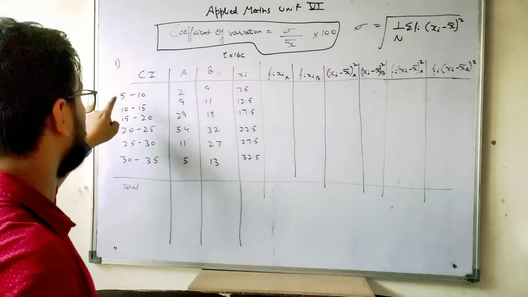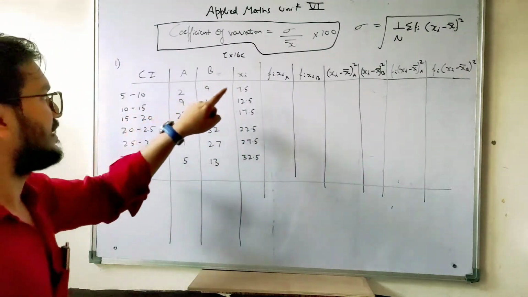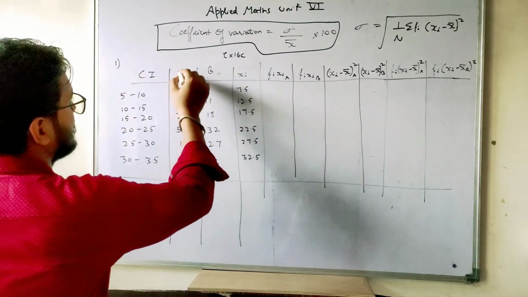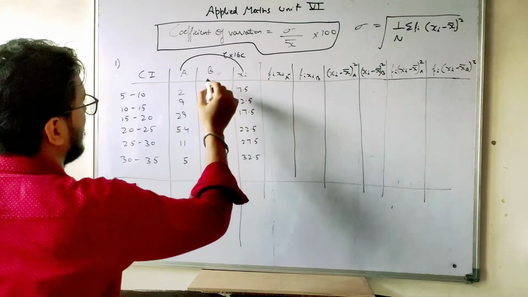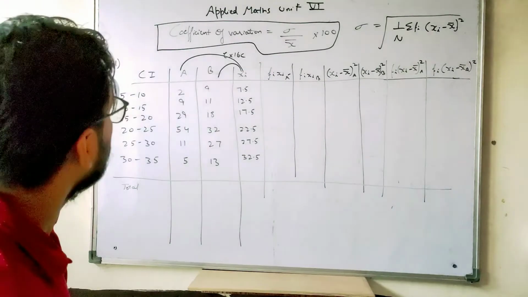Now Xi we can calculate: lower limit plus upper limit divided by 2. Then Fi Xi you can easily calculate, multiply these two terms for A, and for B multiply these two terms.